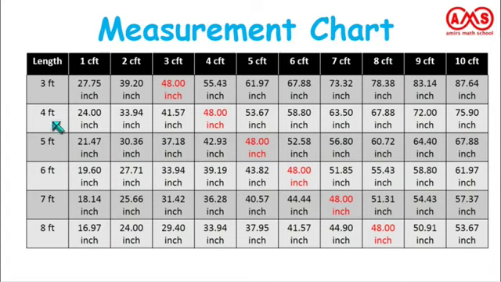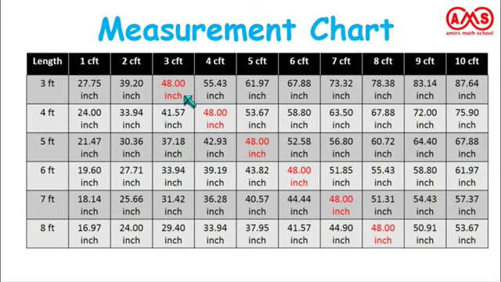Similarly, if the length of the wood log is 4 feet, and the average circumference is 24 inch, we can get 1 CFT wood. And if the average circumference is 48 inch, we can get 4 CFT wood. Similarly for 5 feet, 6 feet, 7 feet and 8 feet wood logs, that is, 5 feet long with 48 inch average circumference, we can get 5 CFT wood.